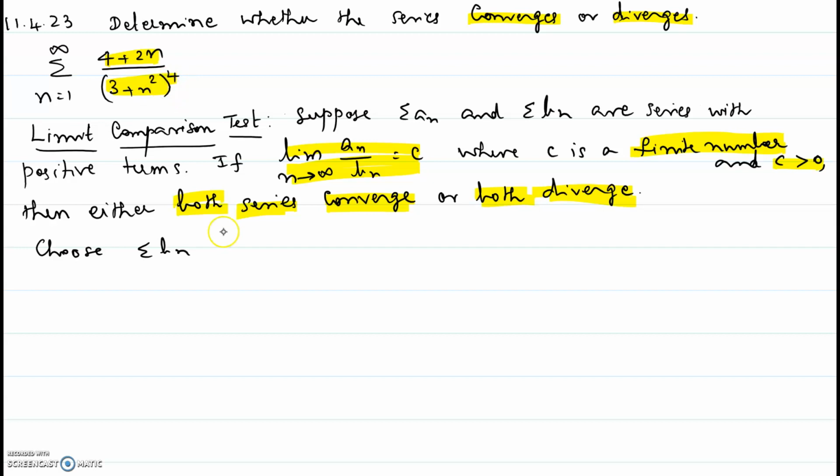So we are going to compare the given series with sigma bn. You choose the series as the dominant term over the numerator over the dominant term over the denominator. If you simplify that, it is 2n divided by n to the power 8, sigma of course.